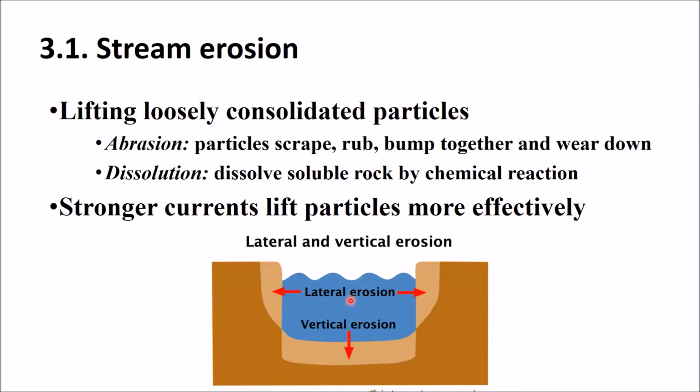And when the erosion occurs at the bottom in the vertical direction, we have vertical erosion. Normally vertical erosion occurs with high velocity of flows. And in contrast, lateral erosion will occur with a low velocity of flows.